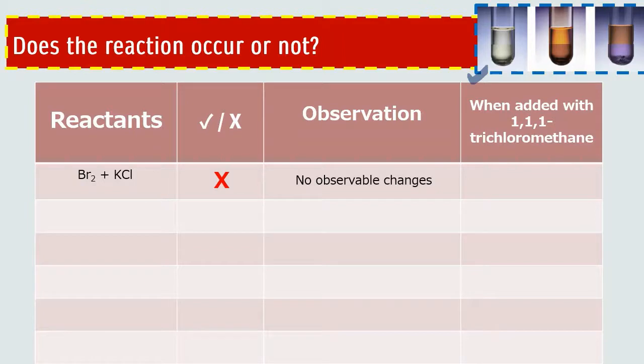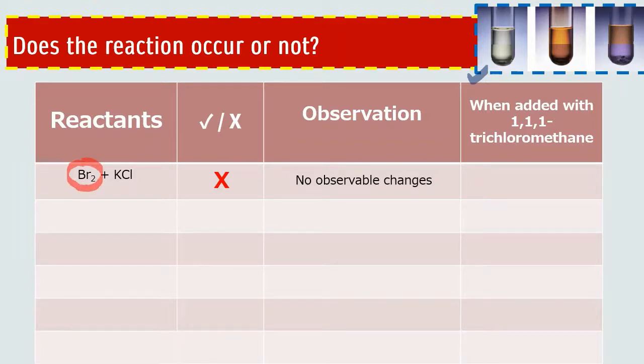But if we add 1,1,1-trichloromethane, this organic solvent will detect the presence of halogen. The halogen that remains in this mixture is bromine water.